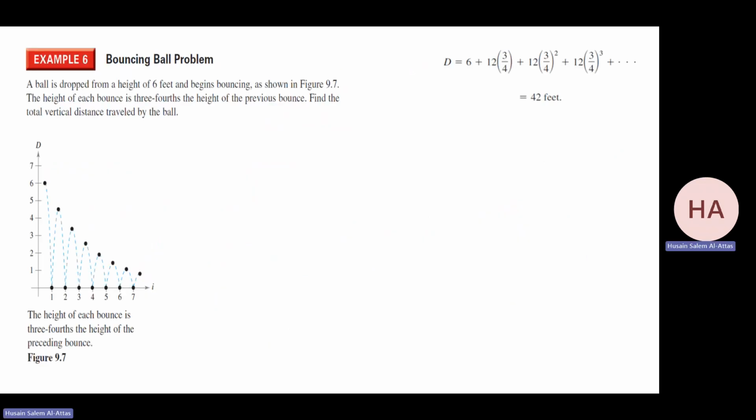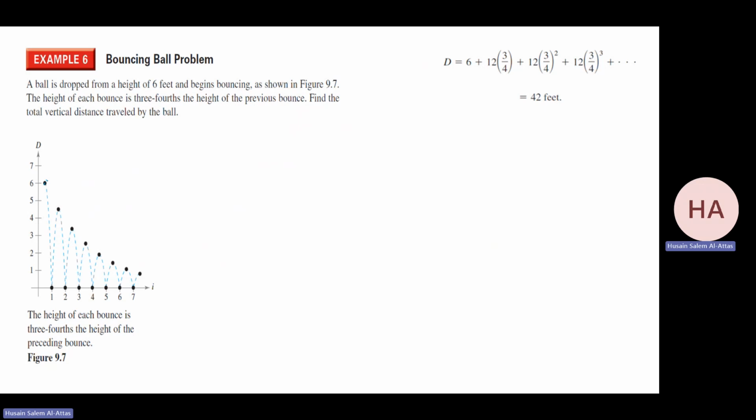Bouncing ball problem. Okay. He said the ball is dropped from a height of 6 feet, and begins bouncing as shown in this figure. The height of each bounce is 3/4 the height of the previous. Okay, what will happen?